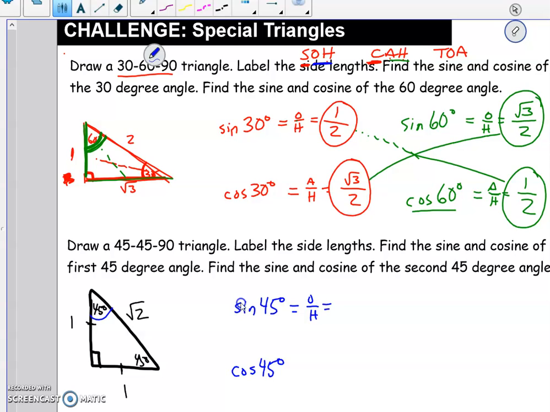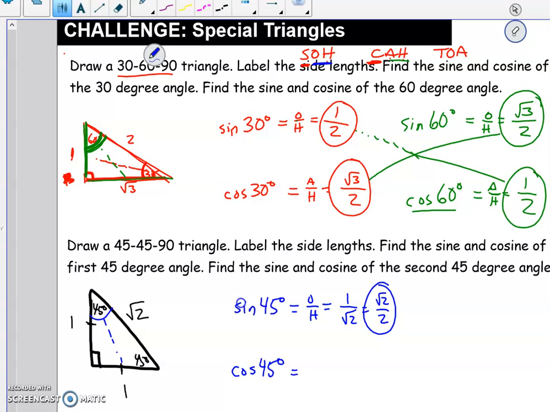And in this case, the opposite side is 1, and the hypotenuse is the square root of 2. Now, I don't really like that radical in the denominator, so I'm going to multiply the top and bottom by square root of 2, which means square root of 2 over 2. That is the sine value of that 45-degree angle.